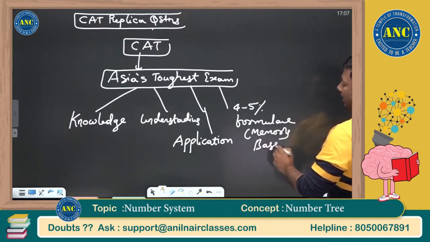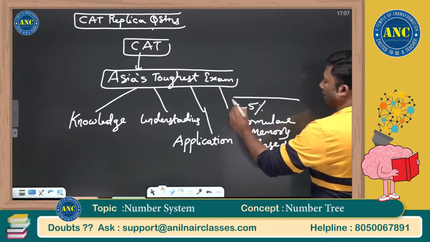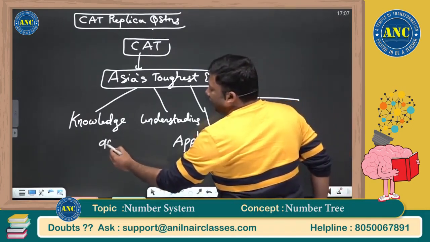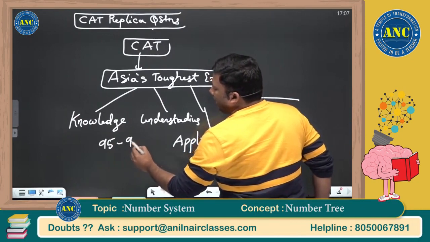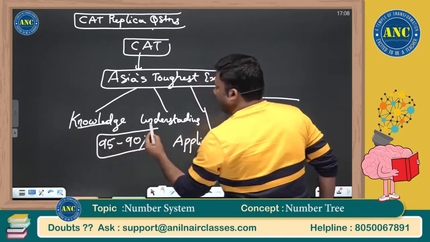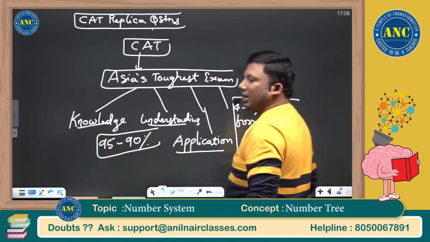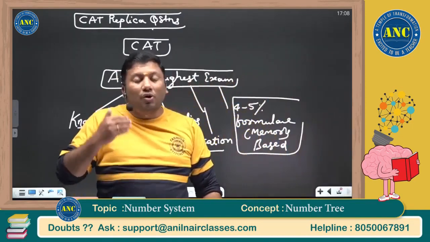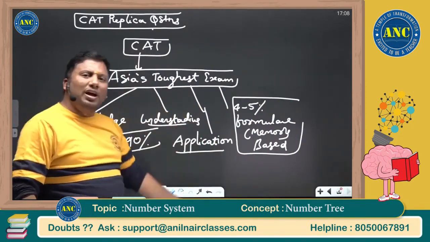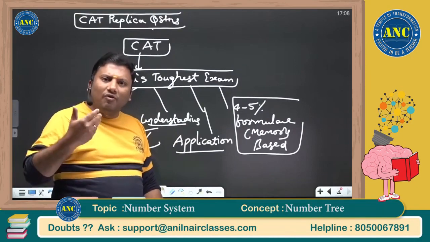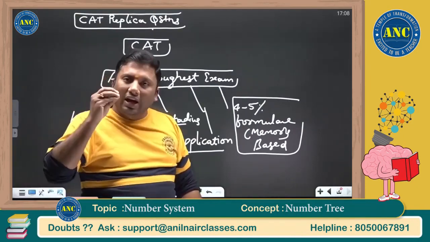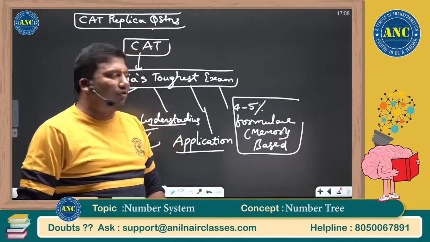Memory-based questions will be direct formula questions, only 4 to 5%. 90 to 95% of the questions are knowledge, understanding and application based. If you are good in those, formula-based questions will be very easy. Why? Because a formula is derived from the logic; a logic is not derived from the formula.